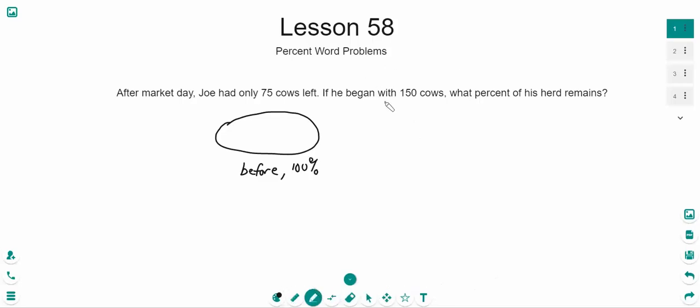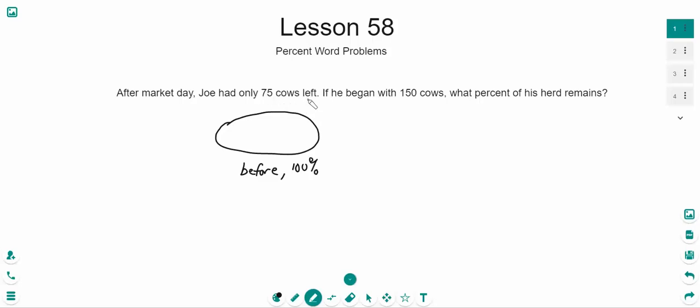So again, the first step, draw our before bubble. That's never going to change. It's always going to look like this. The second part of this diagram, though, is to figure out whether this is a double bubble or a single bubble. Are we growing or are we staying the same? So let's take a look at what we have. The problem states that Joe had 75 cows left.